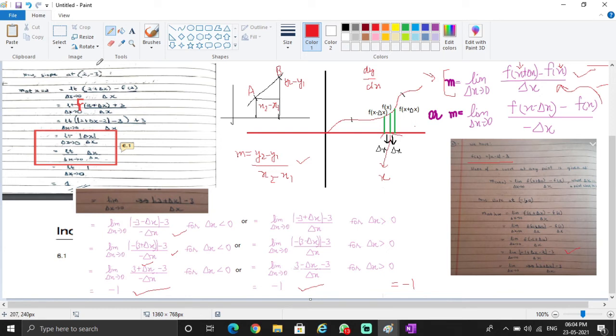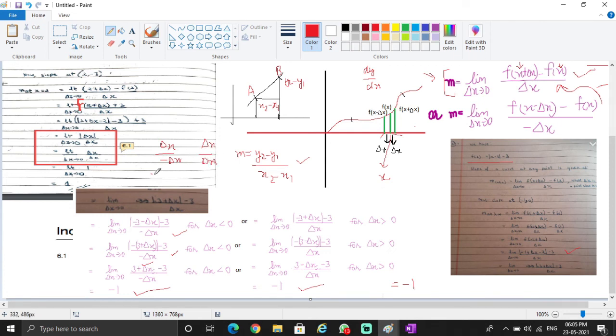Okay, but if we have to find the slope of this function at (2, minus 3), what is the thing here? Here delta x can be positive and negative because we are taking this definition. So this can either be equal to delta x over minus delta x, or it can be equal to delta x over positive delta x.